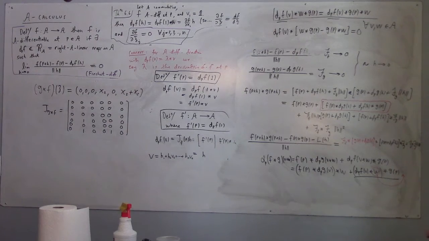D1 is differentiability as characterized by right linearity of the differential, really the Fréchet quotient. D2 differentiability at P is differentiability as captured by the deleted difference quotient.